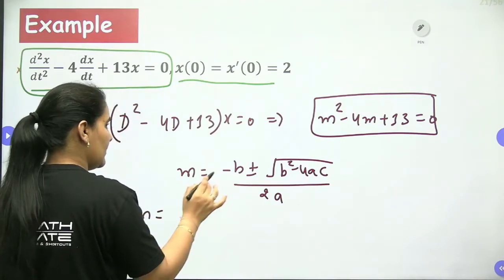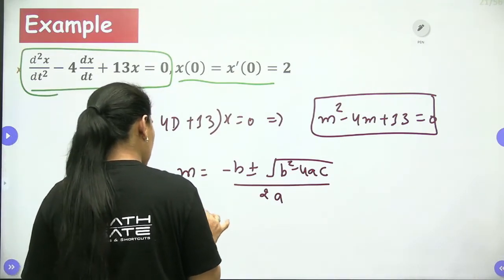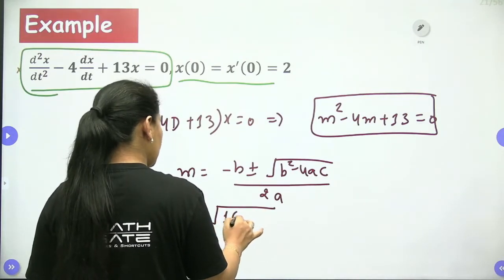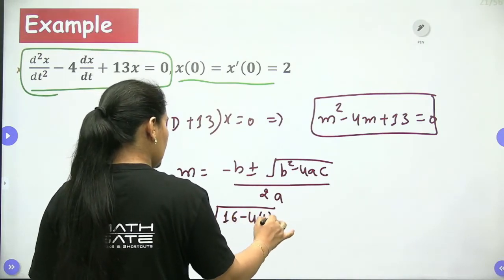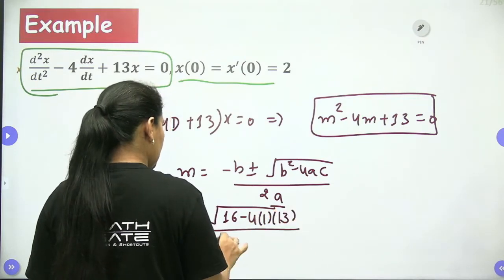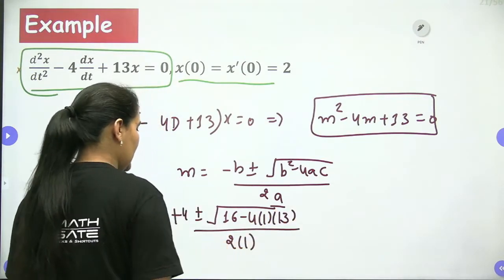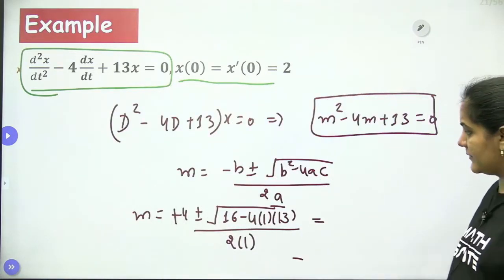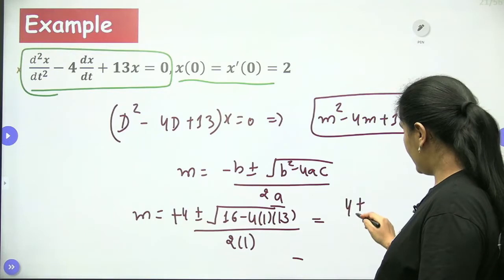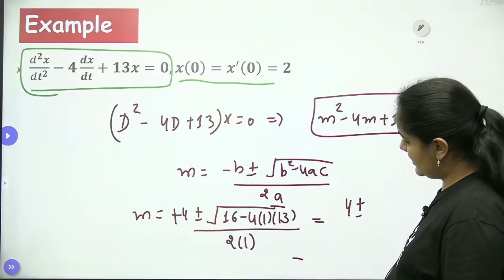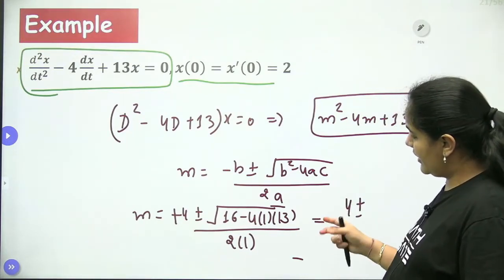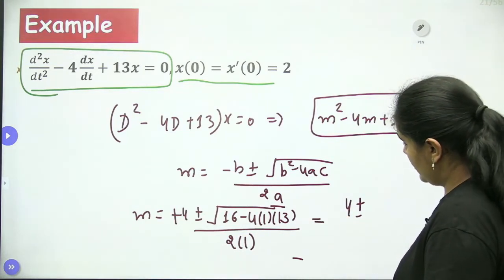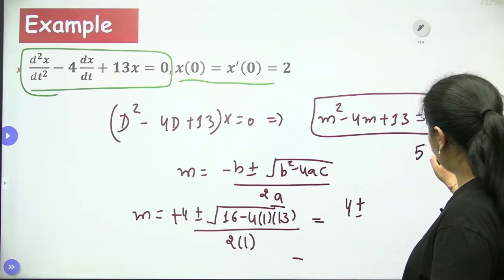It will be 4 plus minus root of 16 minus 4 into 1 into 13, divided by 2 into 1 only, right? So let me calculate what it is.